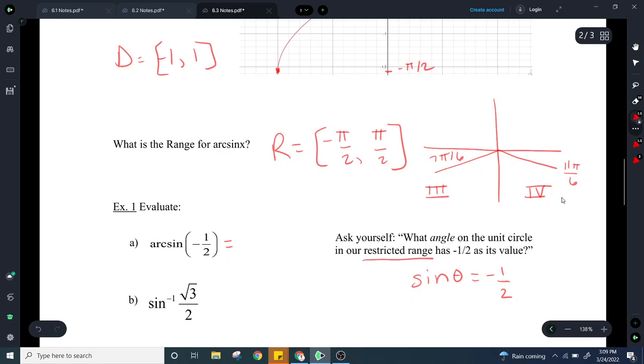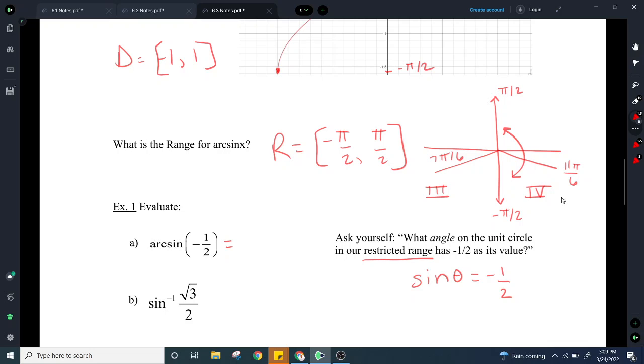But here's the trick. Remember, my range is only from -pi/2 to pi/2. So pi/2 is up here, and negative pi/2 is down here. For the inverse sine function, your answer needs to be in either quadrant 1 or quadrant 4. I want the one that's negative, so I have to go with the one in quadrant 4. Here's the hitch, though.